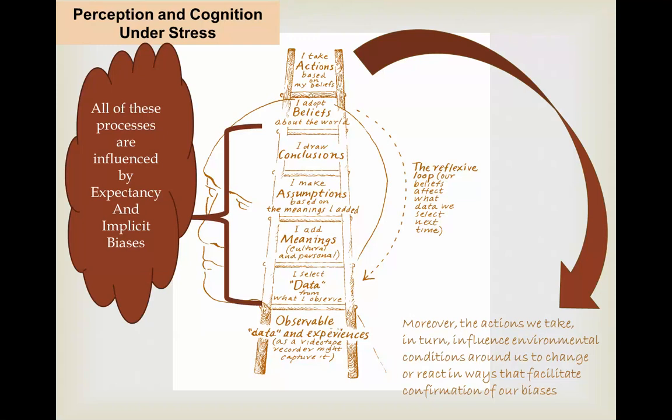This is a story I'm telling myself in a very fast and very fluent way, a narrative that I'm creating that I may or may not be able to consciously articulate. But I'm being very purposeful in trying to draw from the environment a reaction that's consistent with my expectancy and my implicit biases.